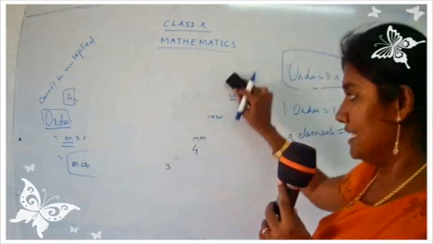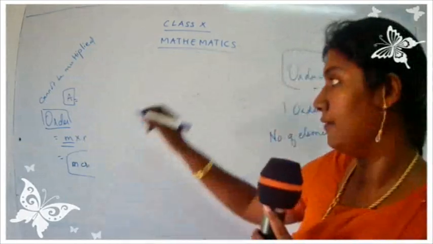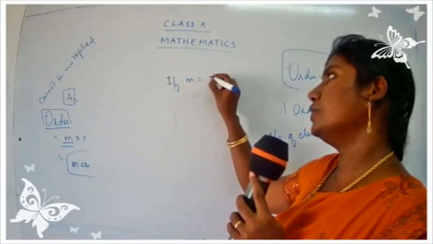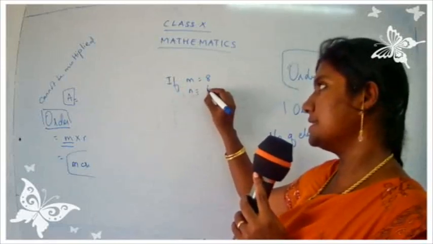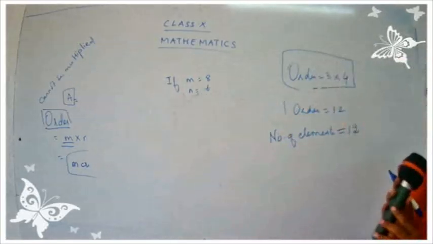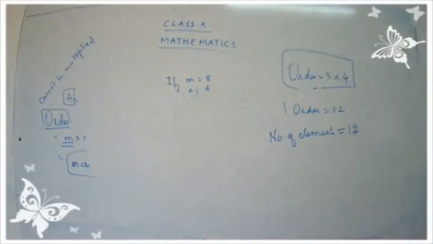But now, if they have not given you the matrix, I'll just rub this matrix, and the question is given to you as: m is equal to 8, n is equal to 6. They have given you just the number of rows and the number of columns.